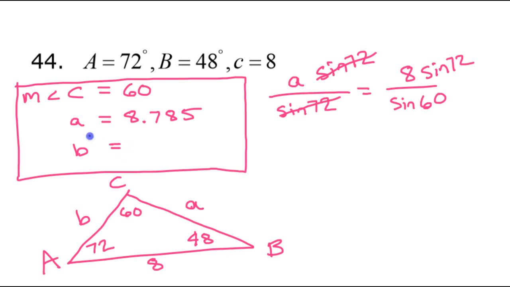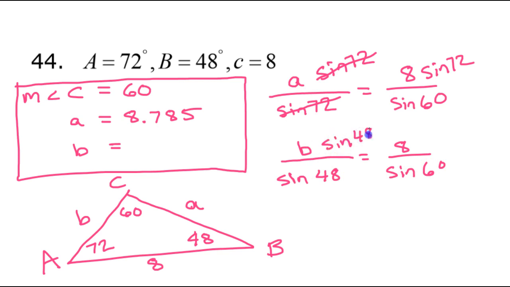All right, and finally, side B. And again, whatever I'm looking for, I put that in the numerator. So that's going to be side B over the sine of angle B, which is 48, will equal side C over the sine of angle C, which is 60. And once again, I will multiply both sides by sine of 48. So these will cancel out.